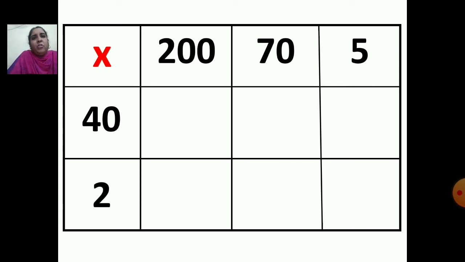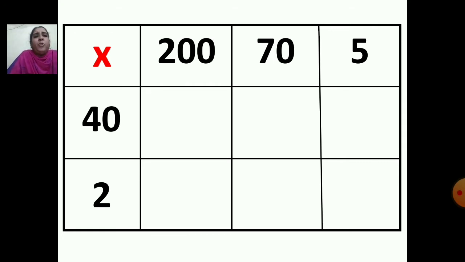You have to find the number of mangoes in 42 crates, right? So the breakup of 42 is 40 and 2, and the cost of one crate is 275. So you will write 270 and 5. Now we will multiply, right?